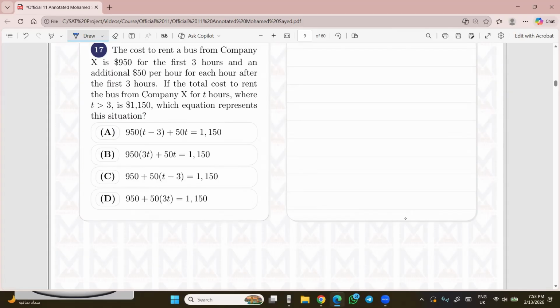Think about it as, for example, somebody comes to your home and wants to paint your room. And he says that I will take $20 for the first 2 hours, and then for every hour after these 2 hours, I'll take only, for example, $7.